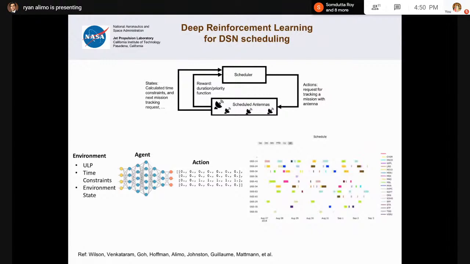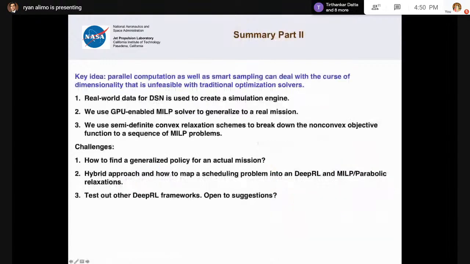So as a summary of part 2, we understood that parallel computation and smart sampling is really important, and it can solve some problems that possibly require a lot of human in the loop and are very hard to solve with the existing off-the-shelf tools.